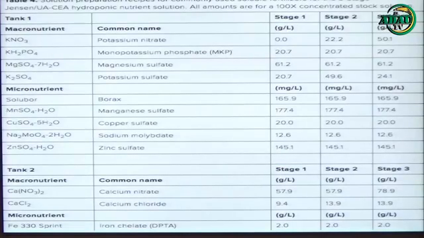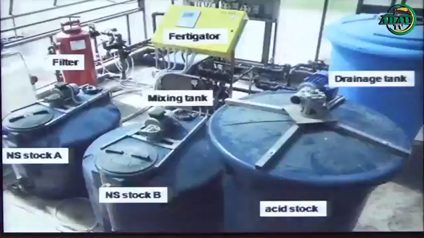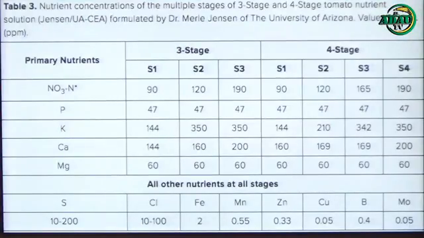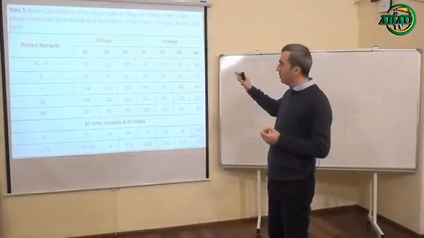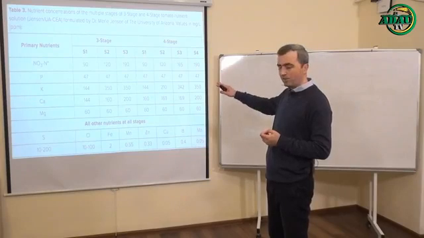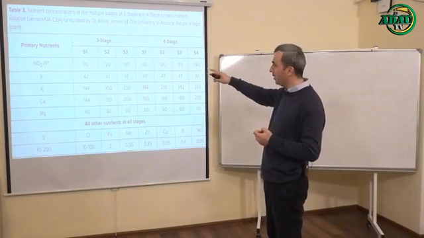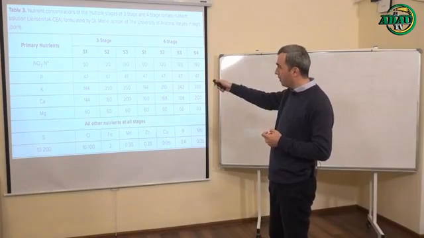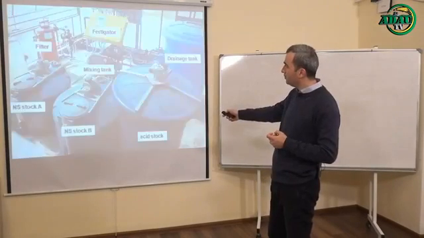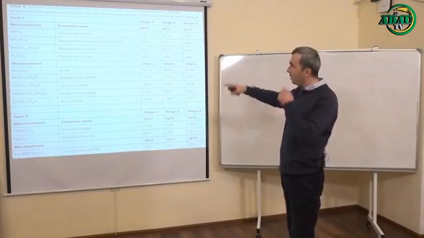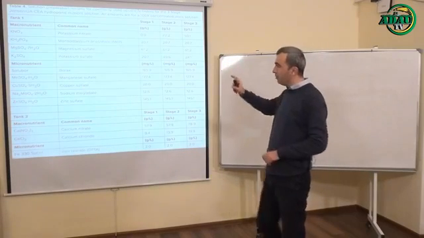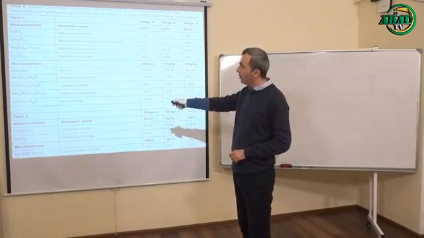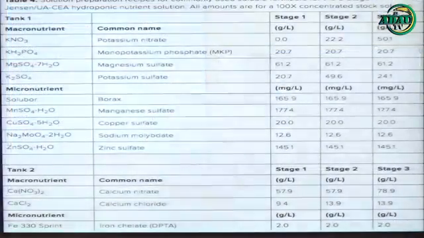So, as you could see, out of these nutrients provided or suggested, and the amounts of each nutrient suggested, the final table splits the nutrients into different tanks, for example tank 1 and tank 2.